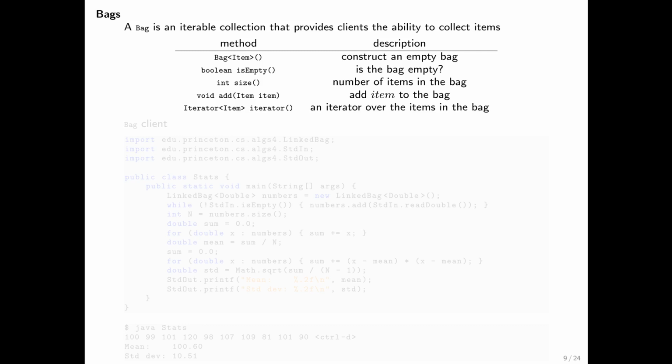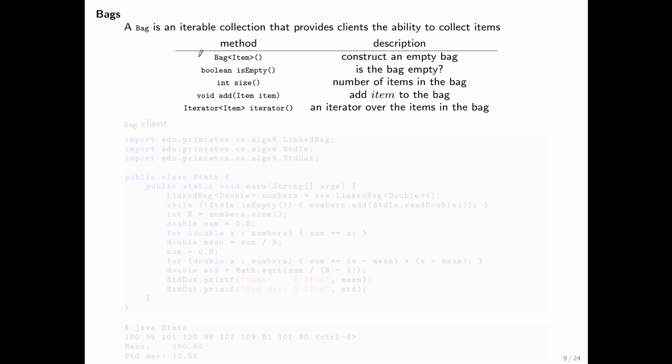All right. So it's basically a data structure that allows clients to store objects of any type. So it's going to be generic and iterable. Generic meaning that it's going to store objects of any type, and iterable meaning that the client will be able to iterate over its elements. So here is the API for the bag data type.